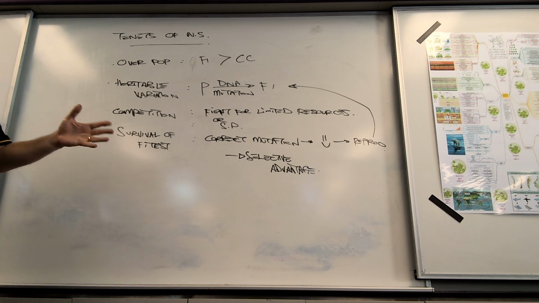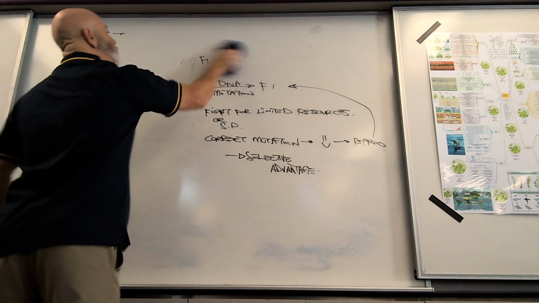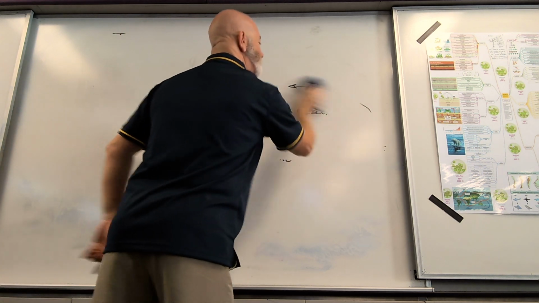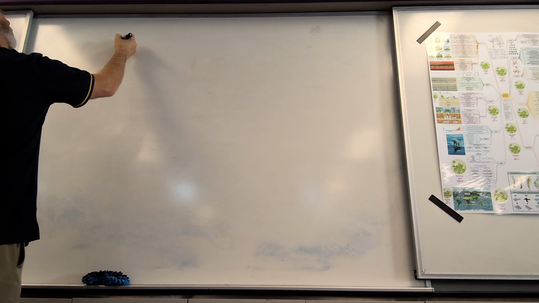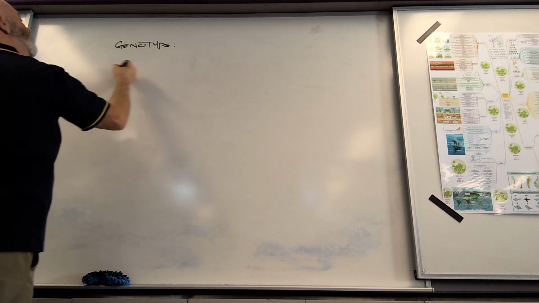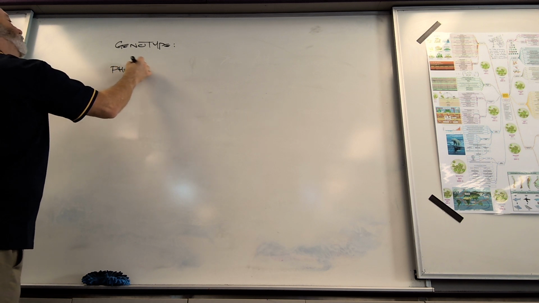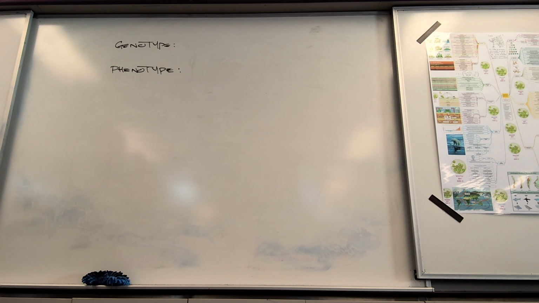So evolution can be defined as the change in the genetic code over time. There's variation in the population.